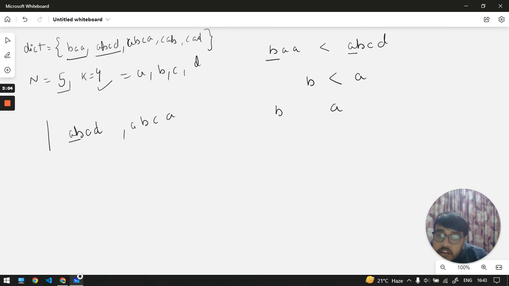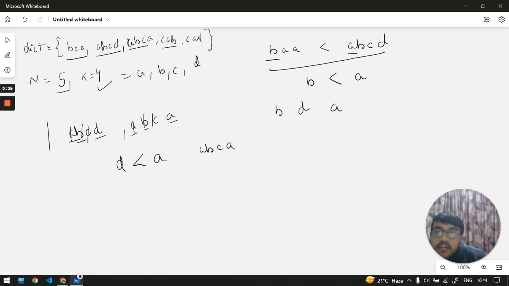So let's check. A is same, B is same, C is same, so they got cancelled out basically. Now D versus A. So basically in their dictionary, D is coming before A, and this concludes that D is smaller than A. So D will be lying somewhere between these. Now we take ABCA and CAB.